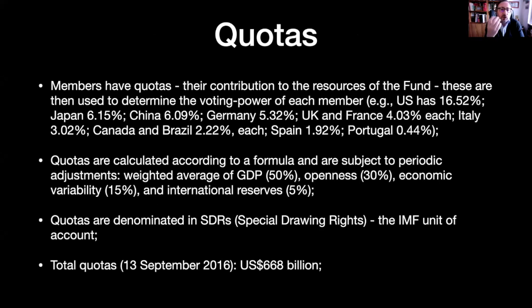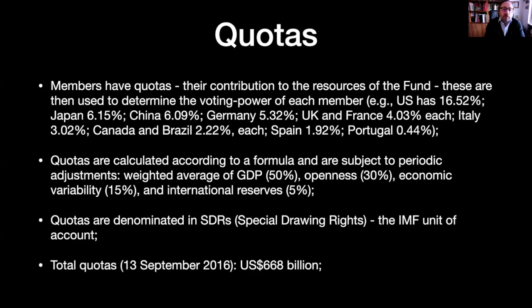So these are the so-called quotas. Now, the larger your quota, so the more of a financial stake you have in the resources of the fund, the more your voting power. Okay, so you have here, just to give you an indication, the US has over 15% of the votes. Then you have a number of other nations.